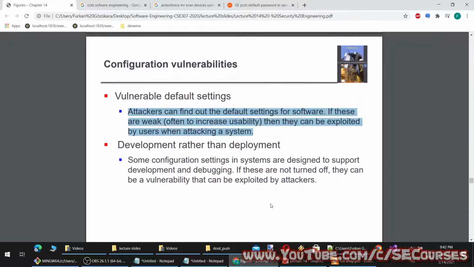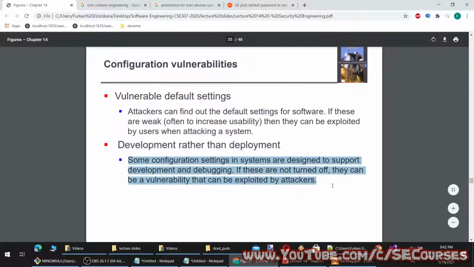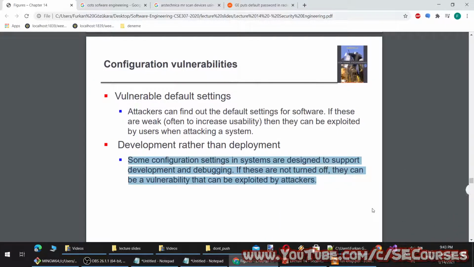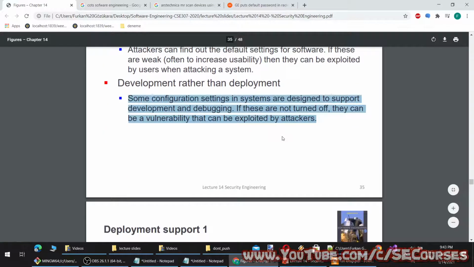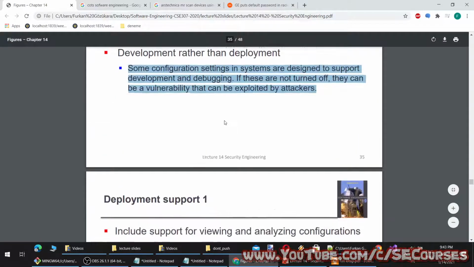Attackers can find out the default settings for software. If these are weak, often to increase usability, then they can be exploited by attackers when attacking a system. Development rather than deployment. Some configuration settings in systems are designed to support development and debugging. If these are not turned off, they can be a vulnerability that can be exploited by attackers. This is also true.